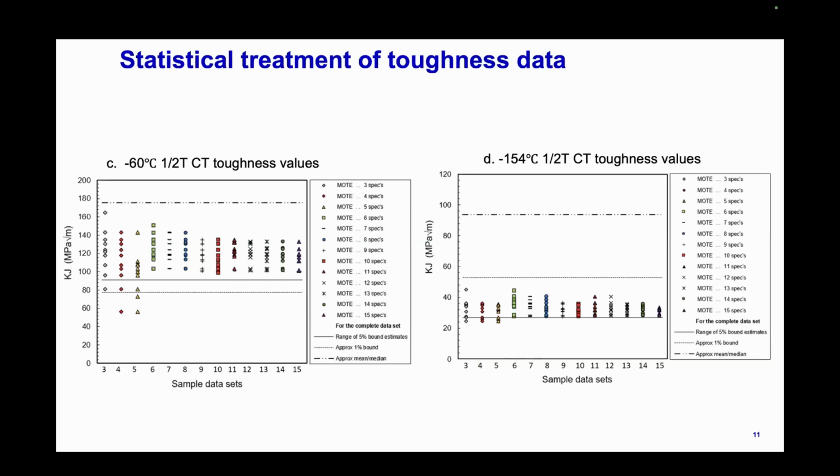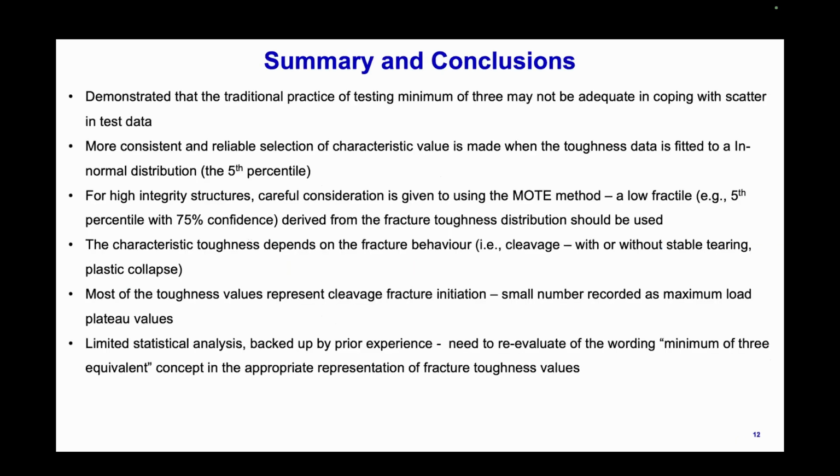Again, for the reactor vessel, it is still the same. We can see for the last data set, the 154, the characteristic value for the 5th percentile is just about 26, just like we got in the lower tail of the log normal distribution. And so this simple work has demonstrated that we need to move away from the traditional practice.